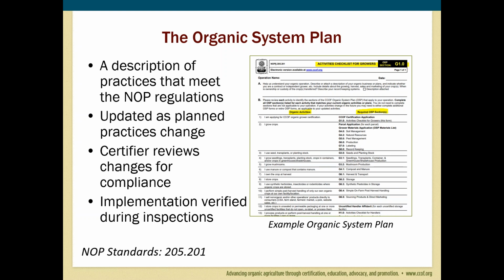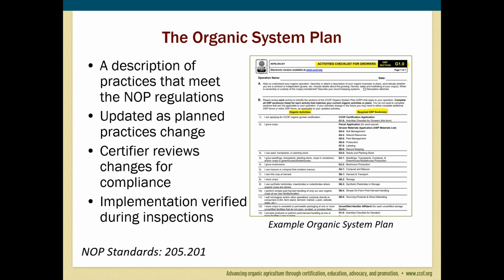It's a description, as I mentioned, of the practices that you plan to follow to meet the NOP regulations, and each certifier's specific set of forms are going to look different, but they're going to cover the same information, and they're going to be asking the questions that the certifier needs the answers to see if you have a compliant plan, if you have that ability to comply. So the example page that's pictured is the first page of CCOF's OSP for growers.